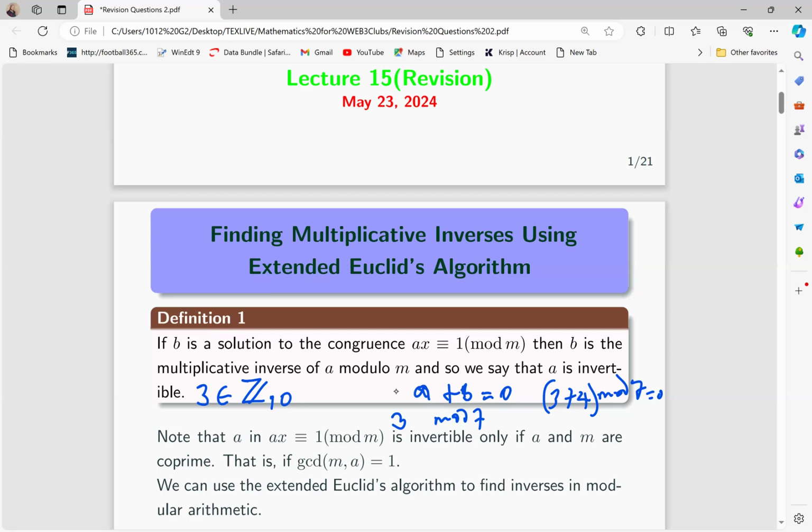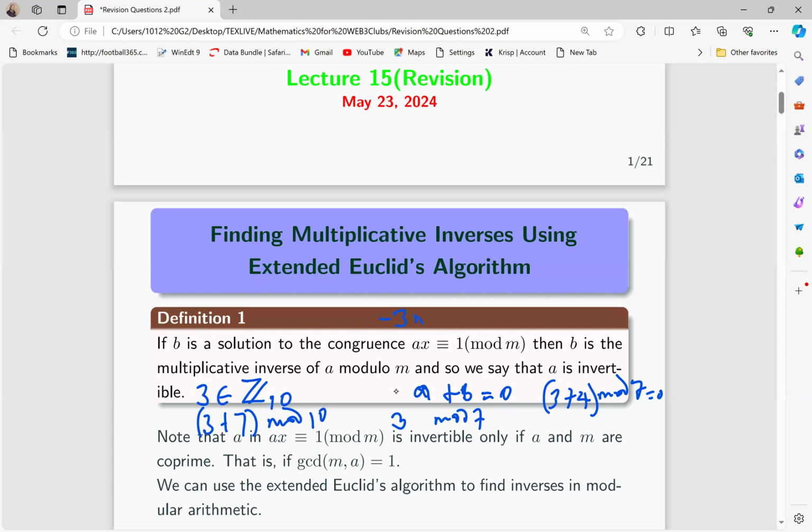Is that okay? So the inverse of 3 will then be 7, because we know that the sum of these two will give us 0 or 10. And this is how we write the inverse of 3: -3.